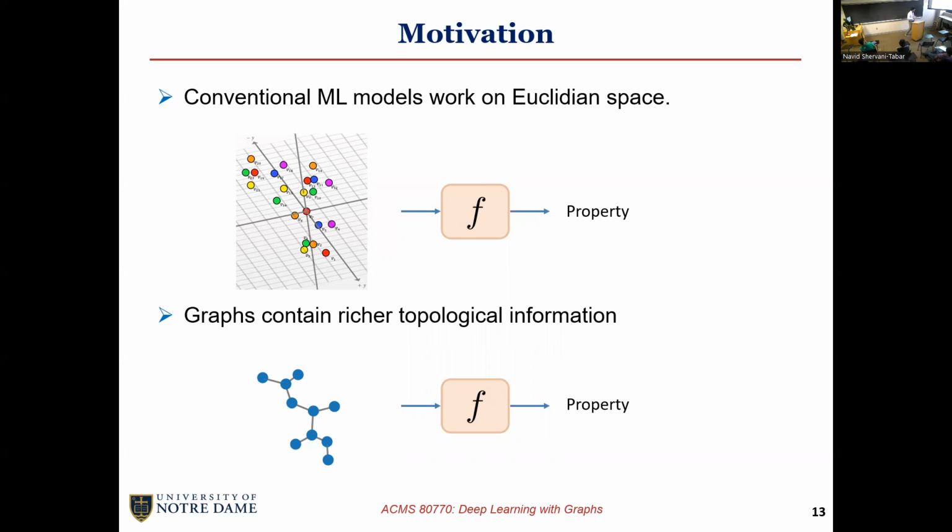You have a set of molecules, and you train a model to map the input 3D coordinates into output properties, for example whatever chemical property you want. Graph neural networks don't look at the coordinates, or at least not only the coordinates.